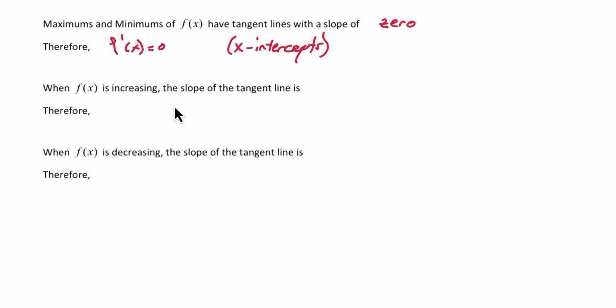When f is increasing, the slope of the tangent line is positive. Therefore, f prime is positive. And if f prime is positive, that means we are essentially above the x-axis.